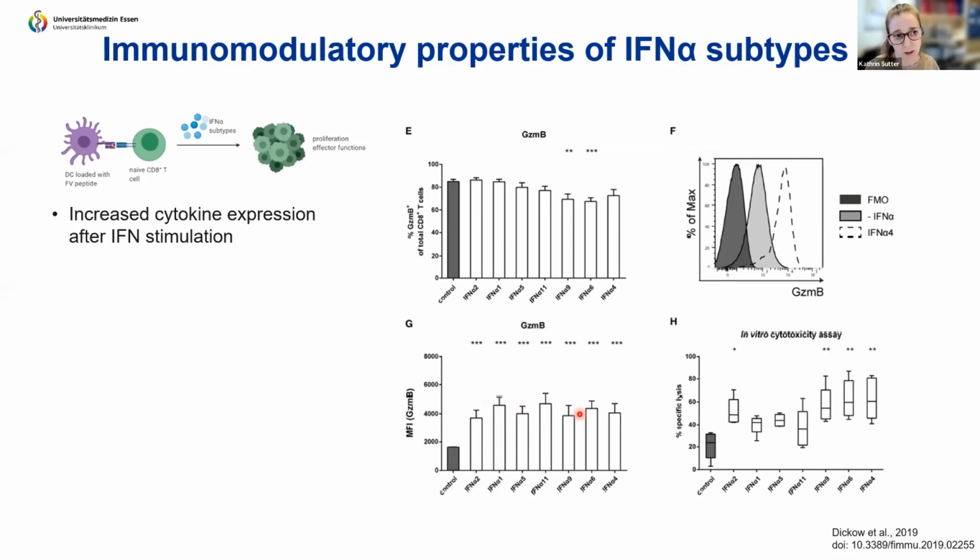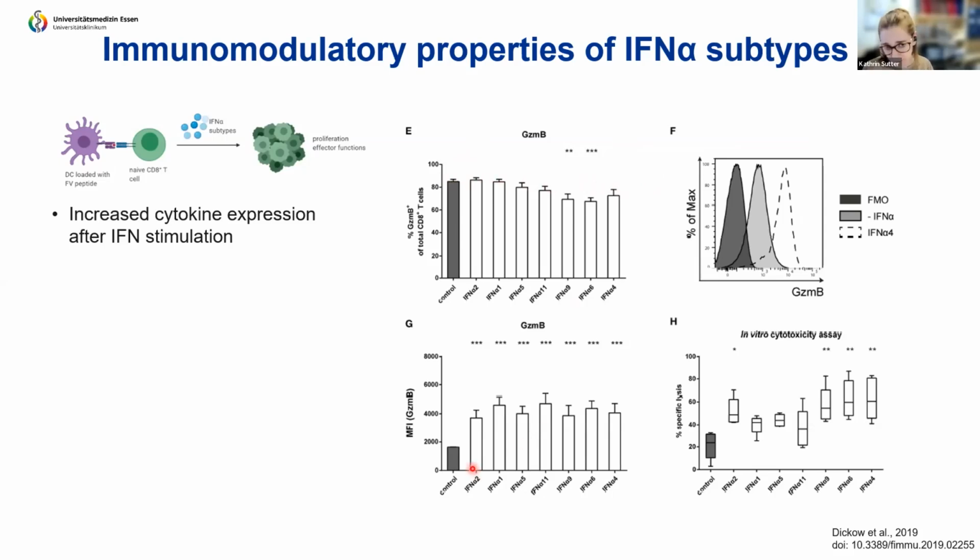And apart from their direct effect on the proliferation, we were also interested in their effector functions. So does the interferon treatment, or the stimulation with the interferons, also change their cytotoxic capacity or cytokine expression and so on. And to see, already for granzyme, they all express high. So here, high percentages of cells are already positive for granzyme.